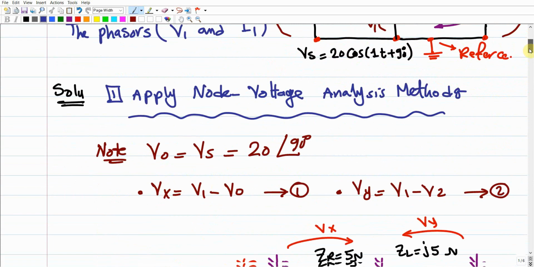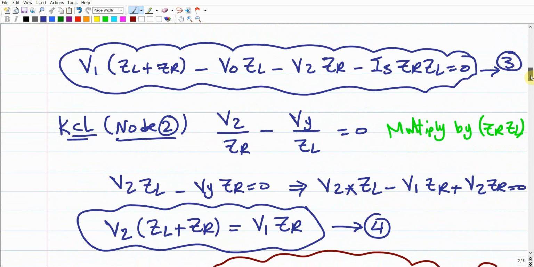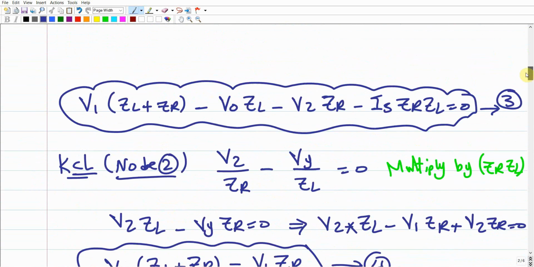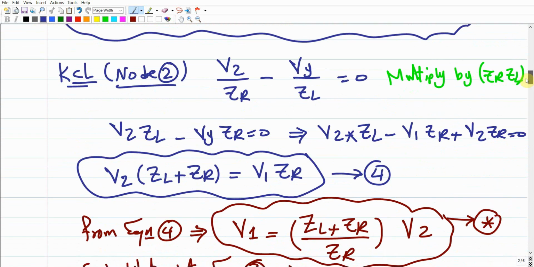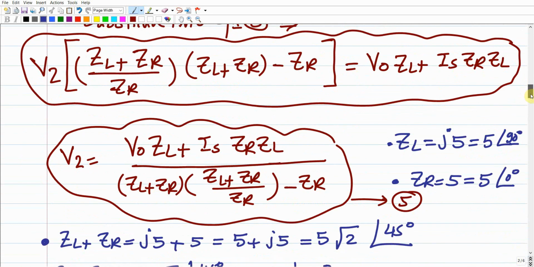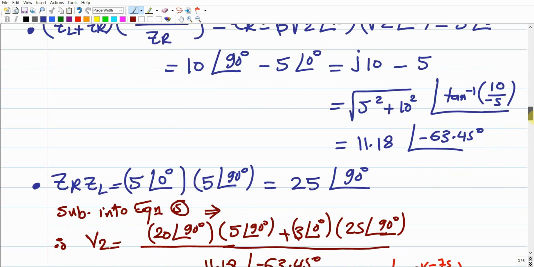My advice is just to work on the simplified form. Try to simplify the parameters. Here we are seeking two main unknowns, V1 and V2, so I simplified them into the simplest form. Then I started doing the operations over the complex numbers to end up with these phasor values. And that's it.